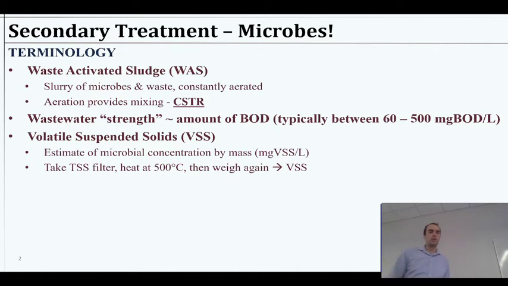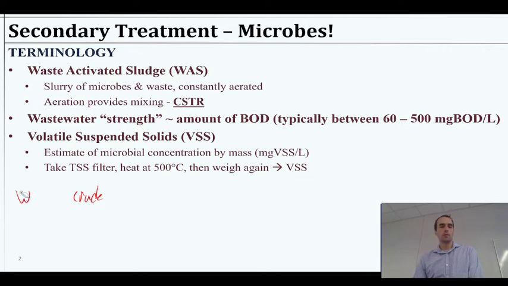Another important term is volatile suspended solids. This is going to give us a way to weigh our microbes. It's kind of a crude method, but it works because we're dealing with so many microbes that it's okay. We can use this crude technique. We'll say this VSS.